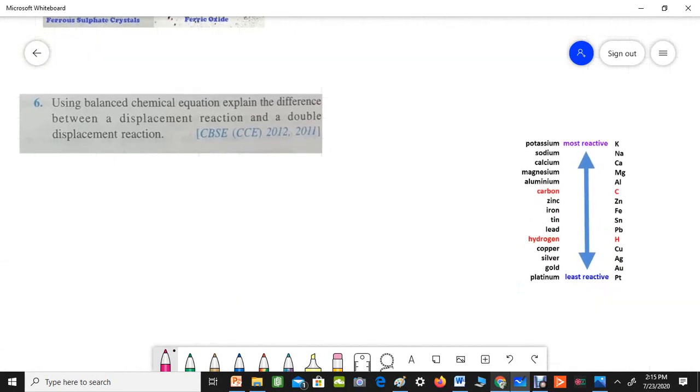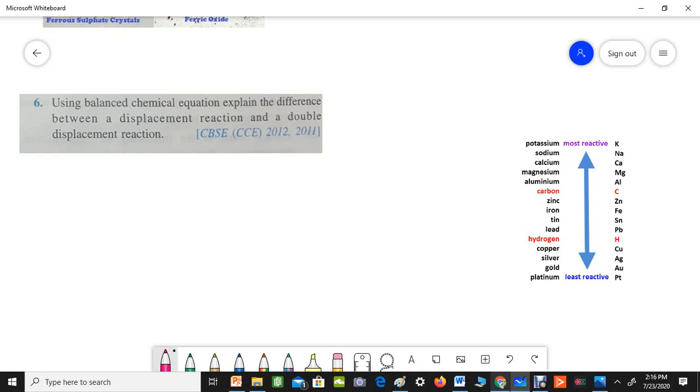Third question is, using balanced chemical equation, explain the difference between a displacement reaction and a double displacement reaction. You already know in a displacement reaction, more reactive metal can displace less reactive metal from its salt solution.